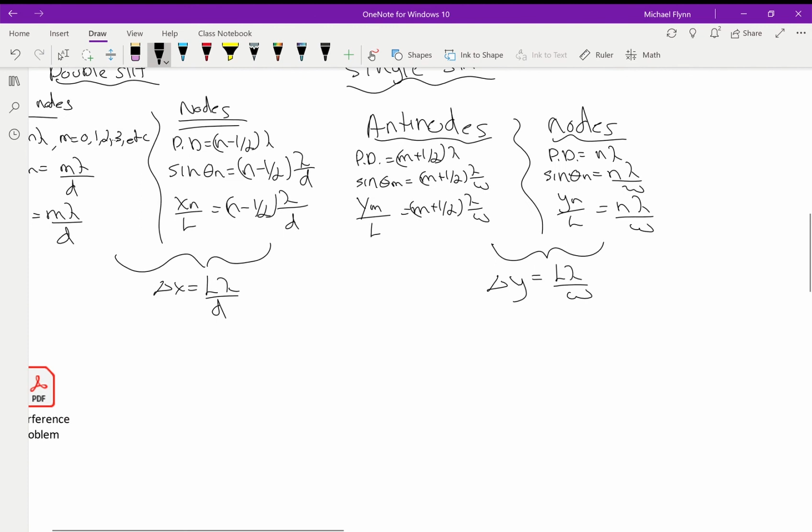And we'll talk about these variables in a moment. L means the same thing, lambda means the same thing. It's just w versus d. w is the width of a slit. d is the distance between the two slit centers for double slit interference, right?